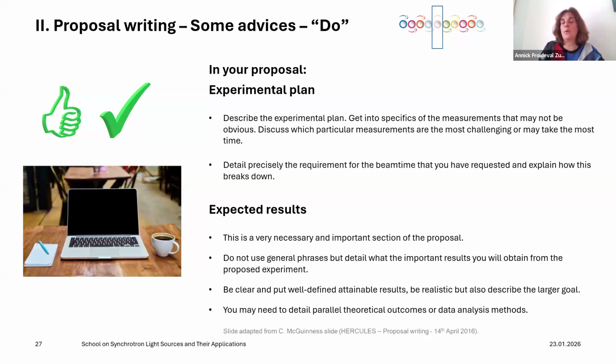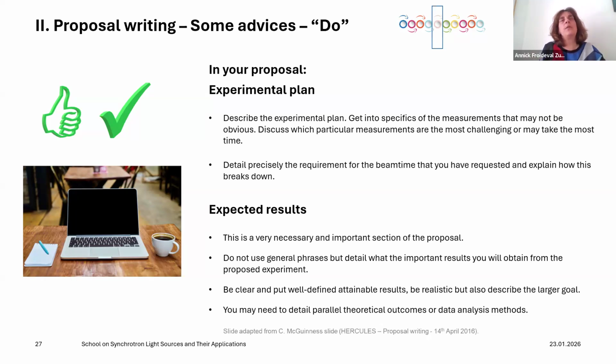This is something, again, you can discuss with the beamline scientist, and you can ascertain the time you need for your measurements based on the difficulty of one or two measurements, maybe. Detail precisely the requirement for the beam time that you have requested and explain how this breaks down. So yes, why it is needed that you go to this beamline, and that you need this amount of beam time.